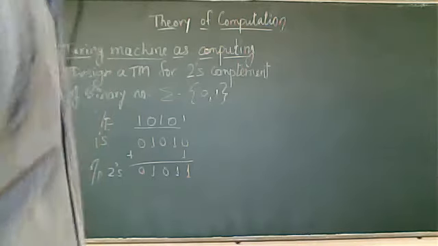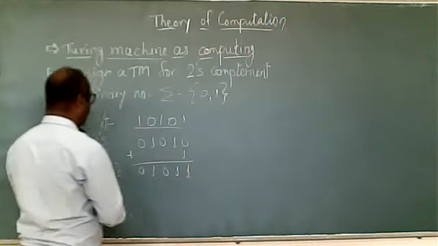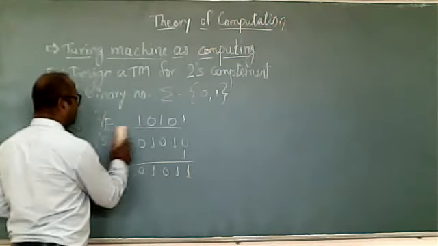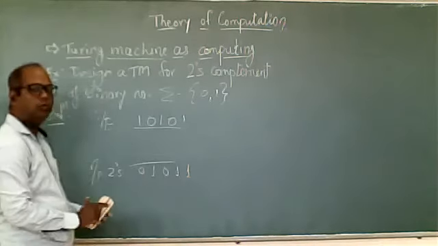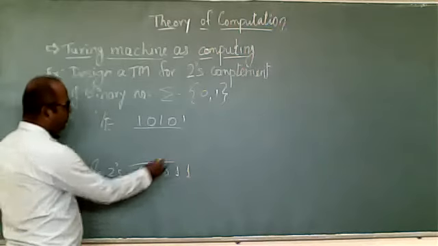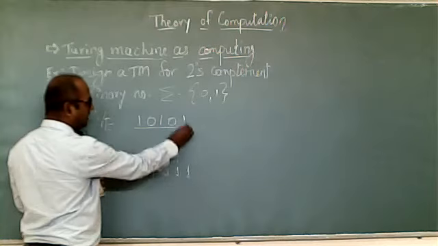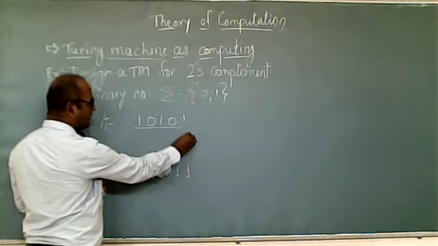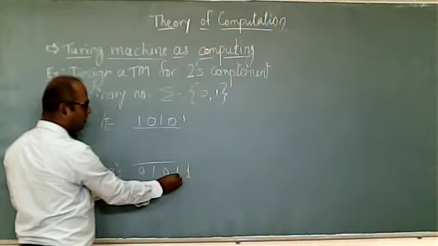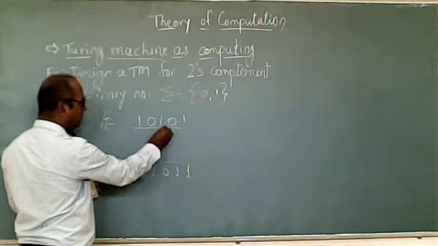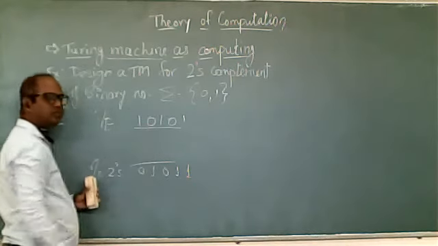Now, to find the two's complement, we'll try finding the logic. Suppose this is the input and this is the output, the two's complement. If we observe this, starting from the right hand side, this is 1, 1 as it is, then 1, 0, 1, 1, 0, 0, 1, 1, 0.